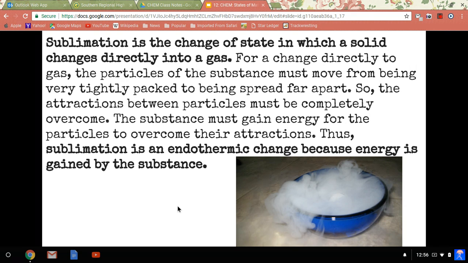So if you have dry ice and you put it out on the lab counter, it's not going to get wet because it goes from a solid to a gas. So from particles being super tightly packed together to super, super spread out. Because of this, going directly from the solid to a gas, it's endothermic. A lot of energy is added really, really quick.